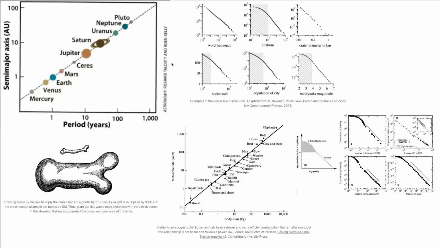Power laws have been studied in various fields, including physics, biology, economics, and sociology. They are very common in natural and social phenomena, such as how long it takes for planets to orbit around the sun, the frequency of words in a language, the size distribution of cities, the magnitude of earthquakes, the distribution of income, and many others.